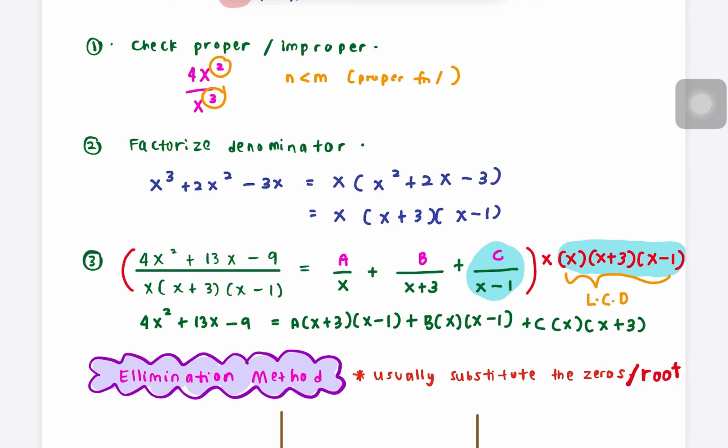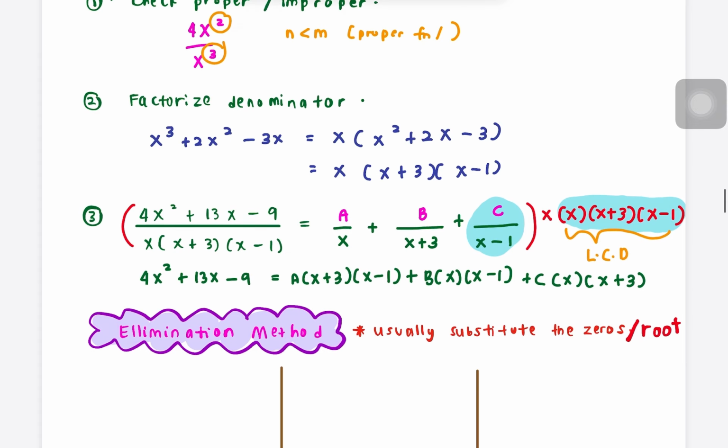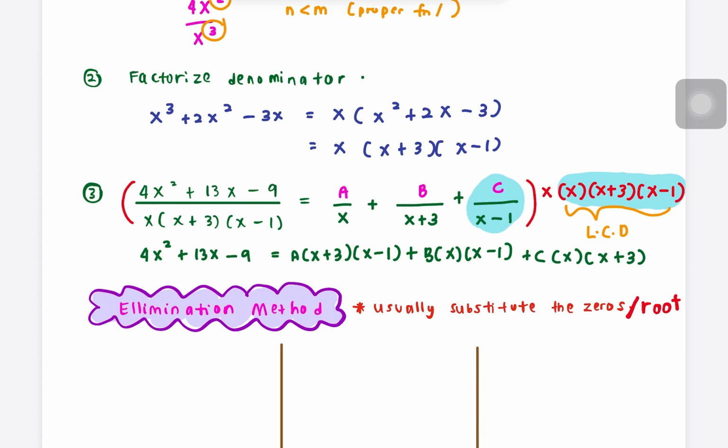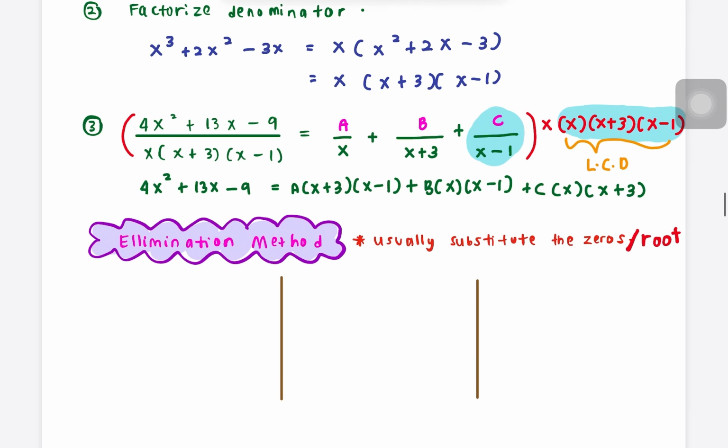So right now your task is to find the unknown values A, B and C. So how can you find A, B, C? We have two methods. Okay, Madam will explain the first method, which is the elimination method. Usually we substitute the zeros or the roots. According to the denominator just now, you have 3 factors, so you have 3 roots.